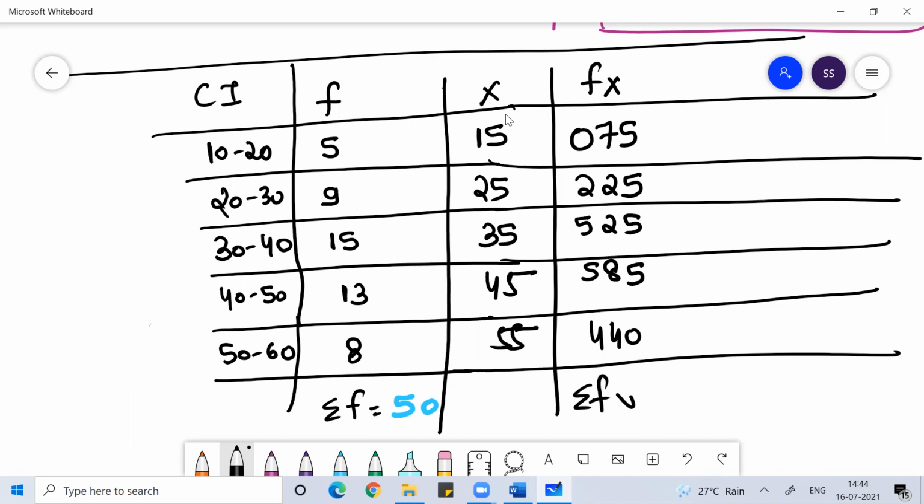So the sum of fx, that would be 5, 10, 15, 20, carry, 7, 9, 11, 11 plus 2, 13, 13 plus 8, 21, 25, carry, then 10, 16, 18, to carry, that is 2050.